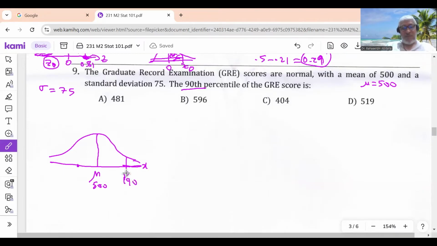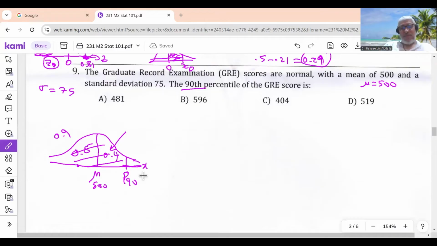If this is P90, then the area to the left of the 90th percentile should be 0.9. Well, we know that this is 0.5. So 0.9 minus 0.5 is 0.4. So to find the 90th percentile, I need to search for 0.4 inside the table.